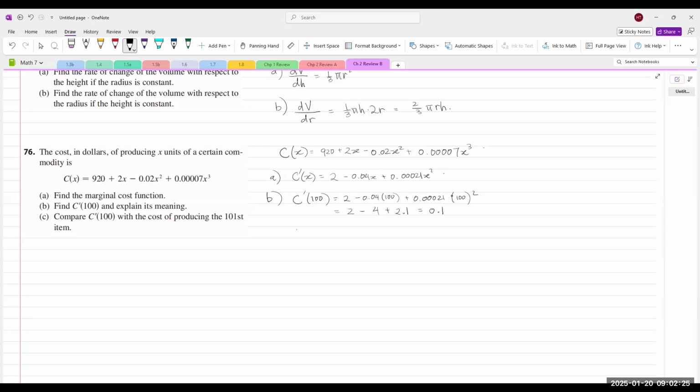It says the increase of cost, or decrease if negative, for producing an additional item when producing 100 items.